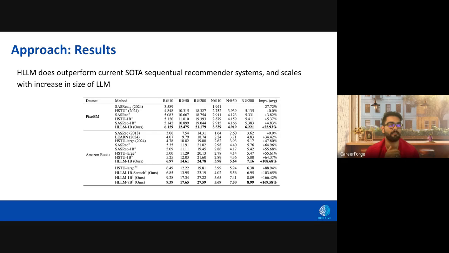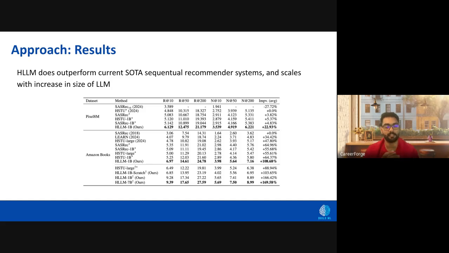I would say pretty significant results. And especially as they increase the model size, the parameter size we just discussed, they see even more improvement. So these are pretty interesting and exciting results.